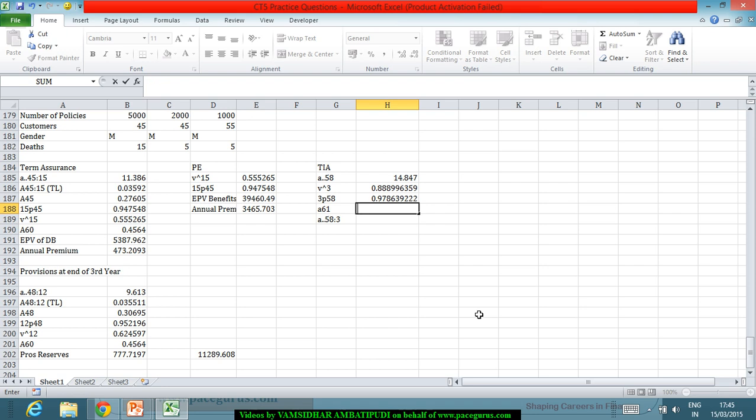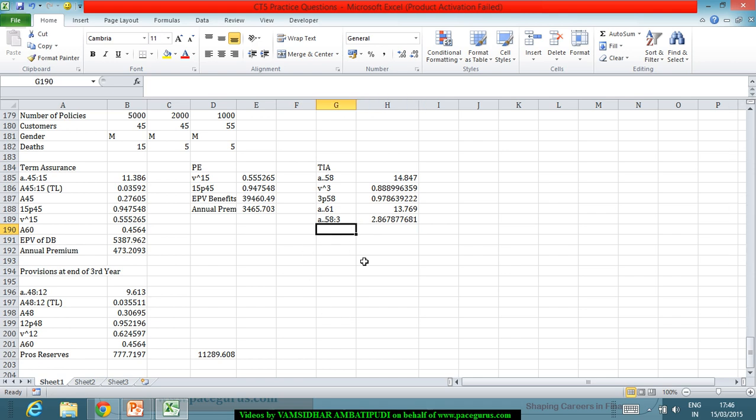Then we have A double dot 61, which is a straightforward value, coming out to 13.769. So from this I'll get A double dot 58 minus V per 3 multiplied by 3P58 multiplied by A double dot 61, resulting in around 2.86.